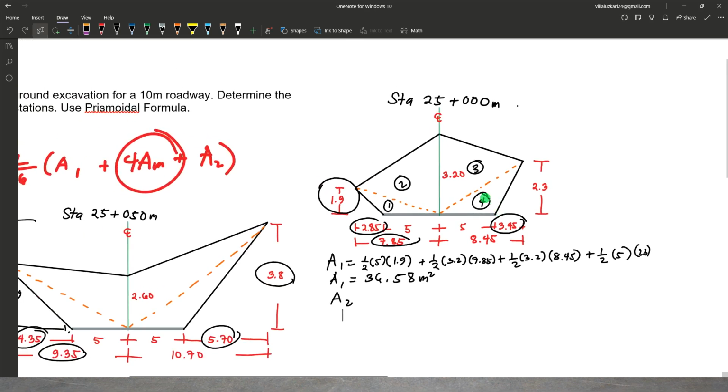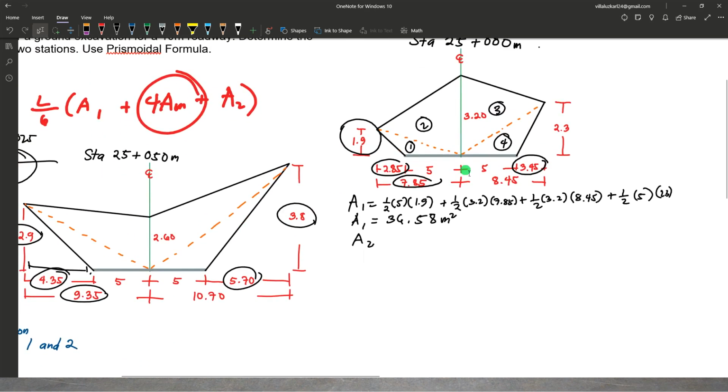Area 2 is this figure right here. For area 2, we have triangles 1, 2, 3, and 4. For the first triangle, the base is 5, height is 2.9. Second triangle, base is 2.6, height is the total horizontal distance 9.35.